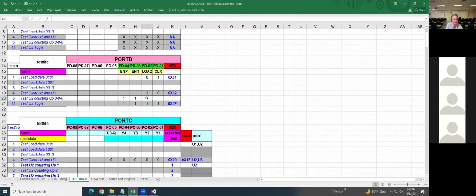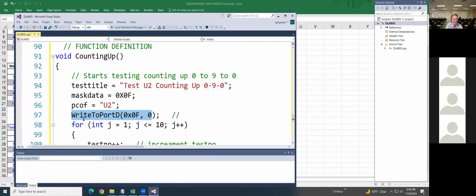Load 1, okay, and clear 1. 0x, 0x, right? Yes. Okay, so in the program, write for D, 0x, 0x.